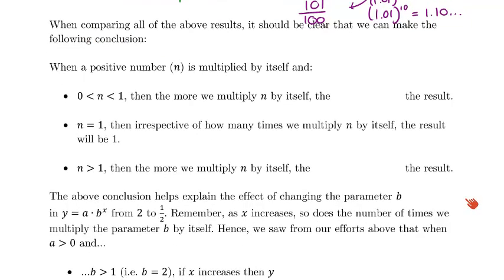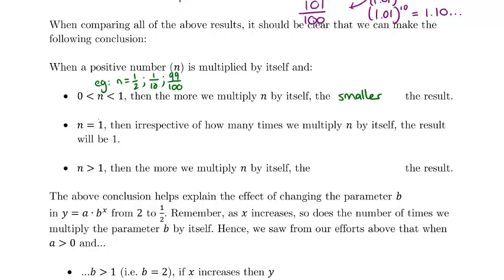When a positive number n is multiplied by itself and 0 is less than n is less than 1, for example, this is the example we had where n was equal to a half, or n was equal to 1/10, or n was equal even to 99 over 100, okay? So when n is greater than 0 but less than 1, then the more we multiply n by itself, the smaller the result.